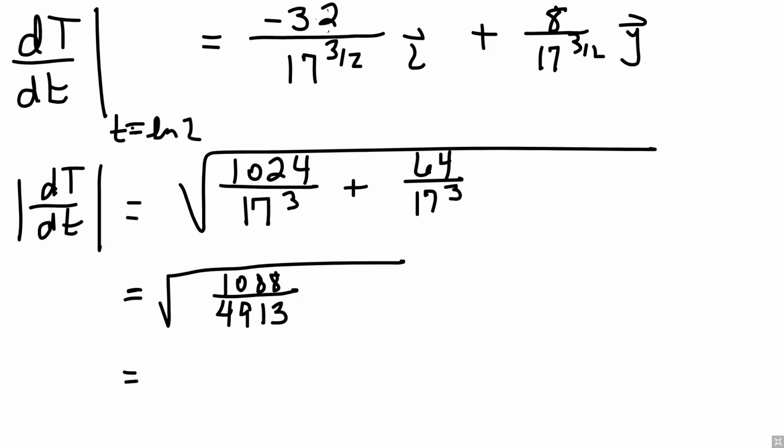So it does end up simplifying down to the square root of 64 over 289. So if you take the square root of that, you're going to get 8 on top, and for the bottom, it should be 17. So it cleans up nicely to 8 over 17. Right? Any questions there?